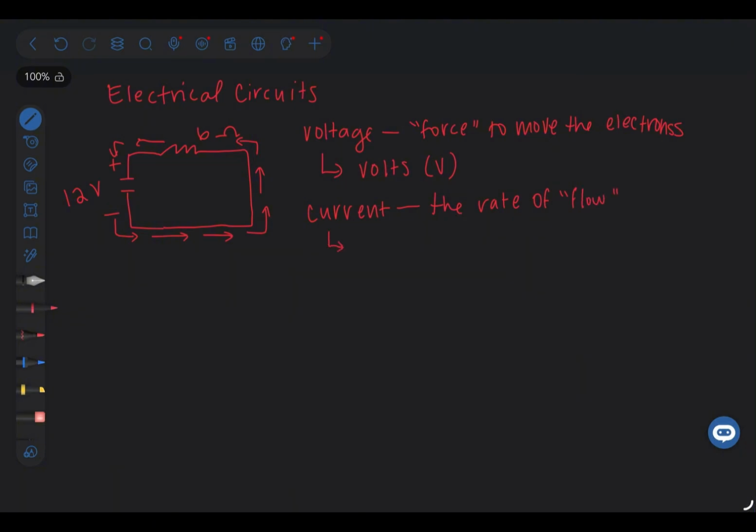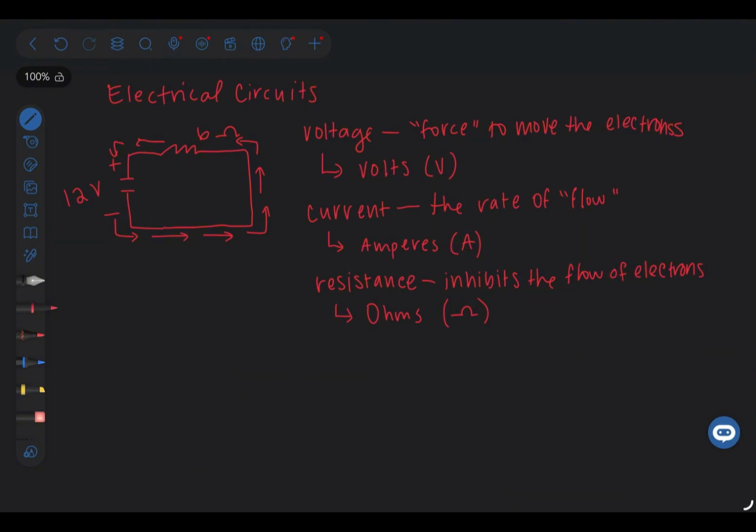It is measured in amperes, just A. And then we also have resistance, which inhibits the flow of electrons. And it is measured in ohms, which is this.